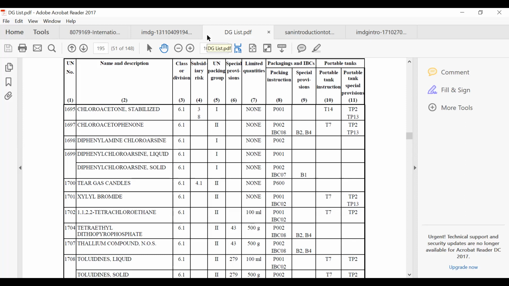That's the UN number. You just say the UN number is UN 16 what? 95. Thank you. So the UN number is 1695. The name and description is fluoroacetone stabilized. The class is class 6.1, which is a poisonous toxic substance. Then its subsidiary risk is 3 and 8. That's 3 is inflammable substances and 8 is corrosive.